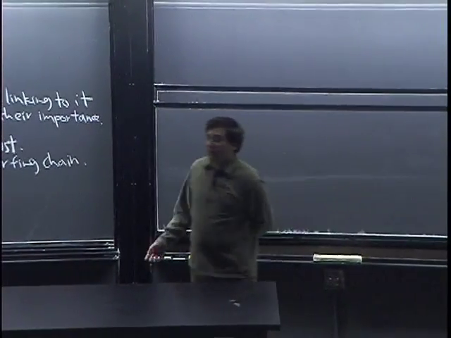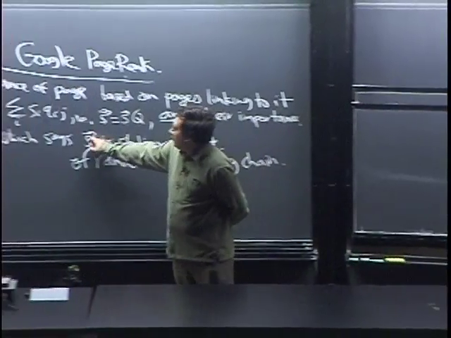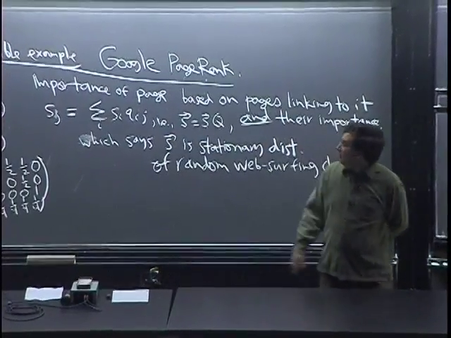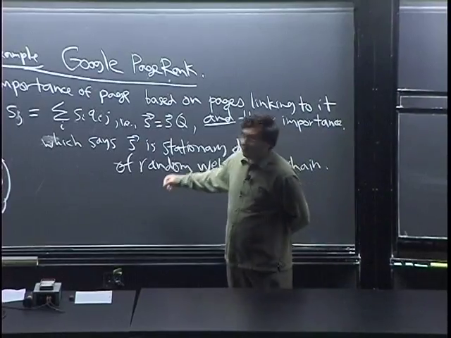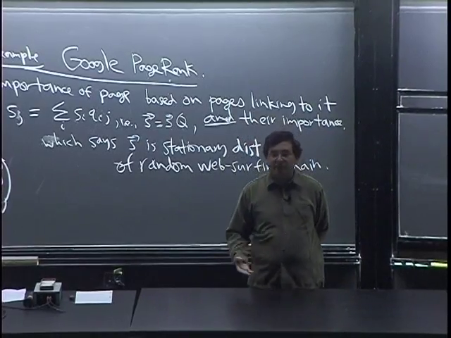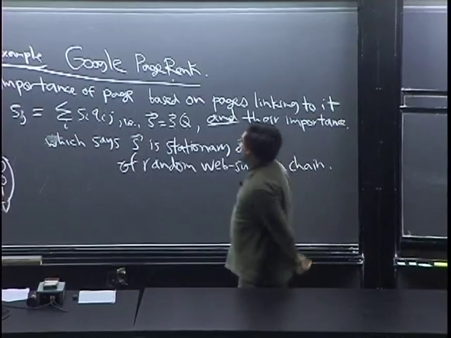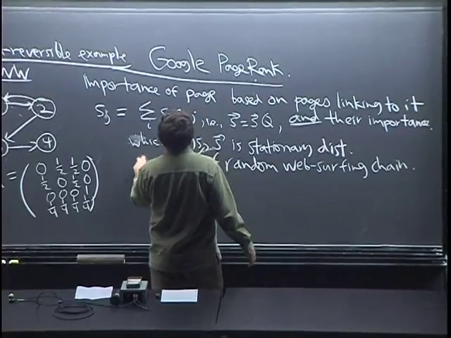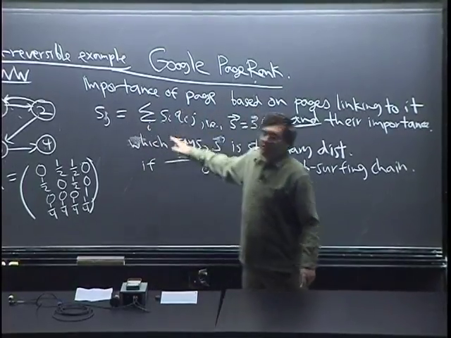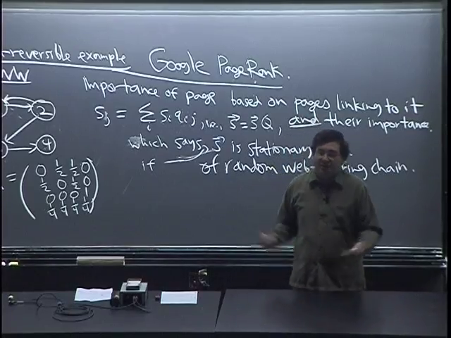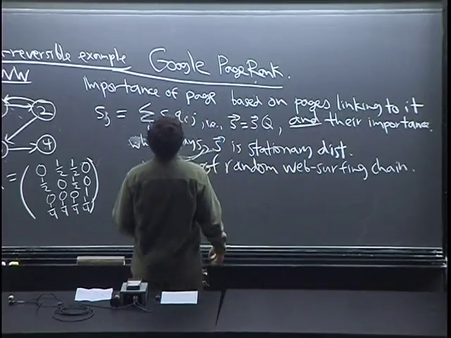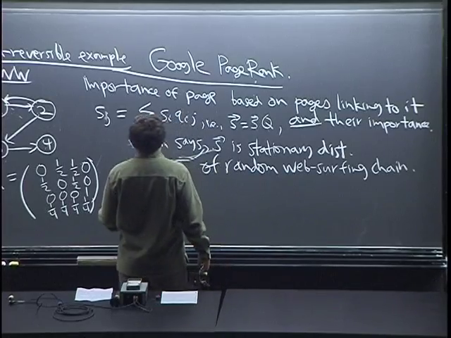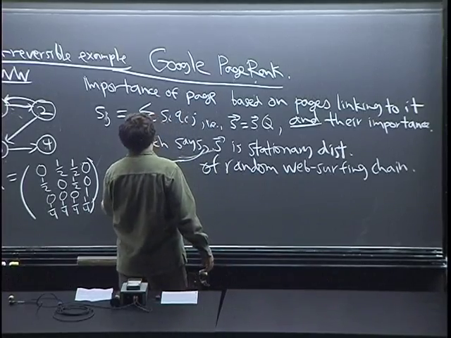Intuitively, we think of the stationary distribution as giving the long-run probabilities of being in different states. I'll just clarify that if S is normalized. And of course, if you have any solution to this, just divide by a constant, as long as you have non-negative numbers here. So if S is normalized.